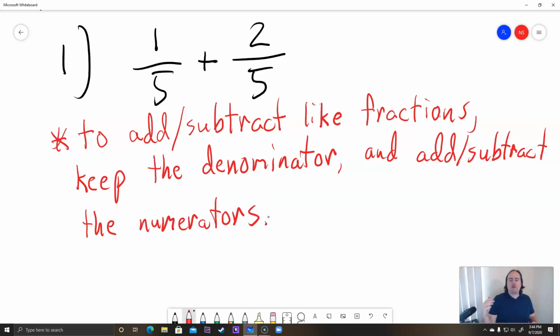Okay, so it works different than multiplying or dividing because you're just going to be keeping the denominator and you're only going to be adding on the top.